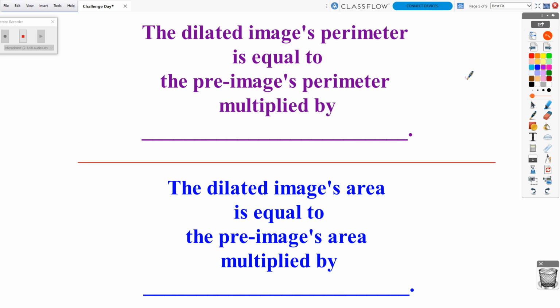So let's pull it all together here. What we found out was the dilated image's perimeter, that was triangle A prime, B prime, C prime, is equal to the pre-image's perimeter multiplied by the scale factor. Now, perimeter is one-dimensional.